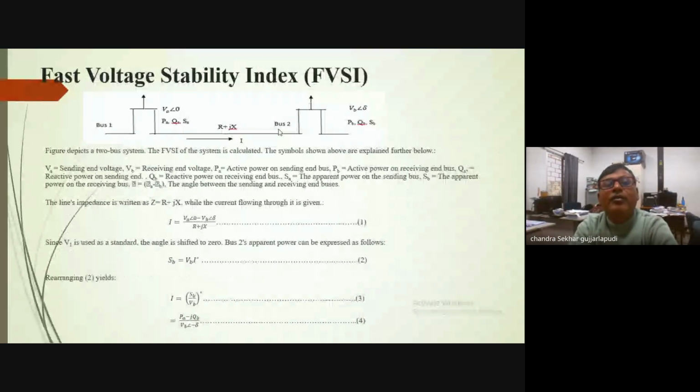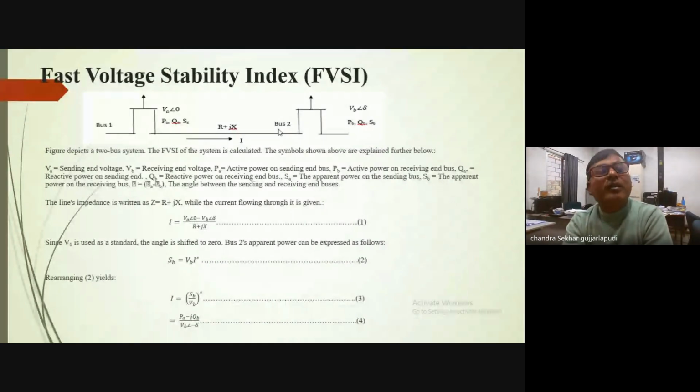So now about the FVSI, which is used for determining the locations for SVC connections. I'm just explaining what the FVSI indicator is. Suppose we have a two bus network.